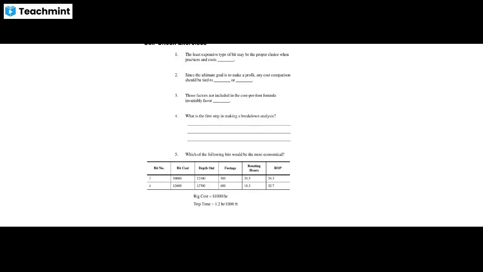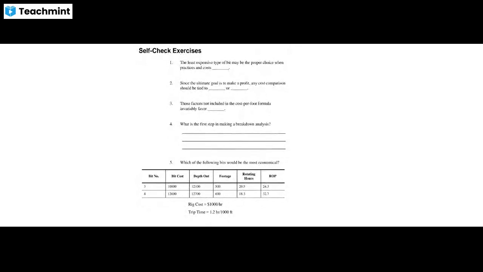Then this is a self-check exercise, and you can see here the types of bits that may be chosen in practice, etc. And the rig cost is also shown here.